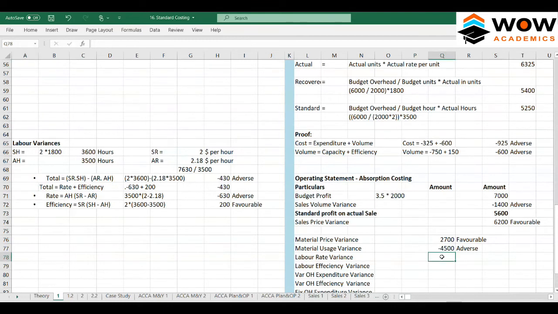It is 630 adverse. Efficiency is 200 favorable. Okay, so labor is done.